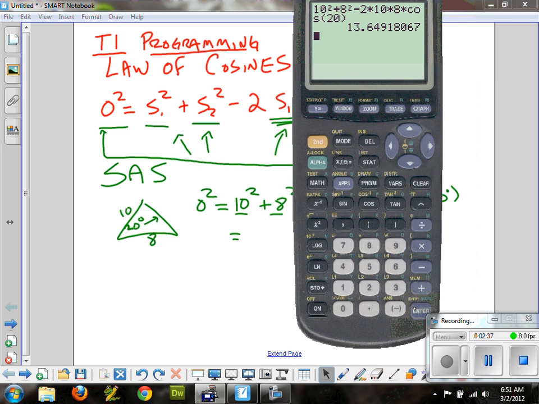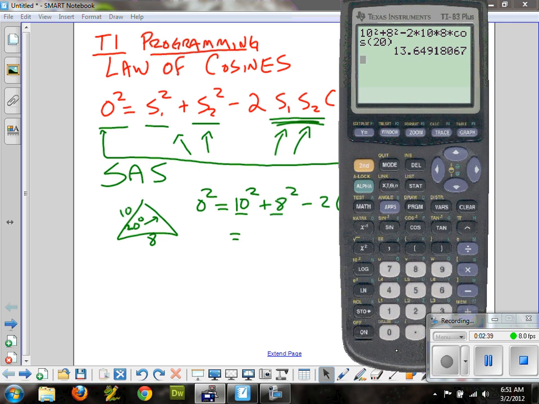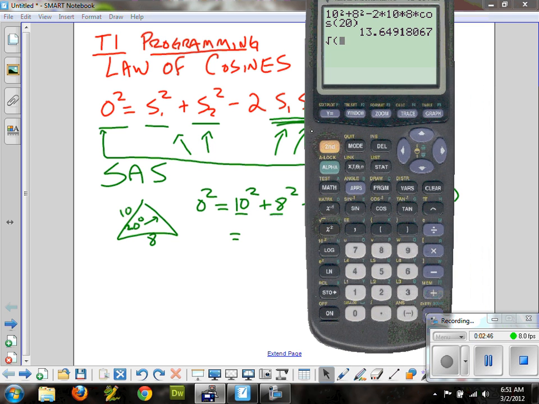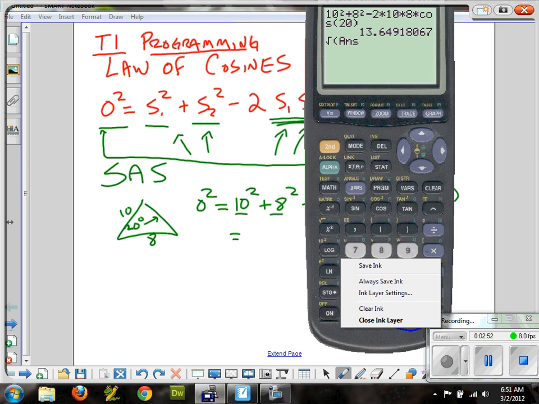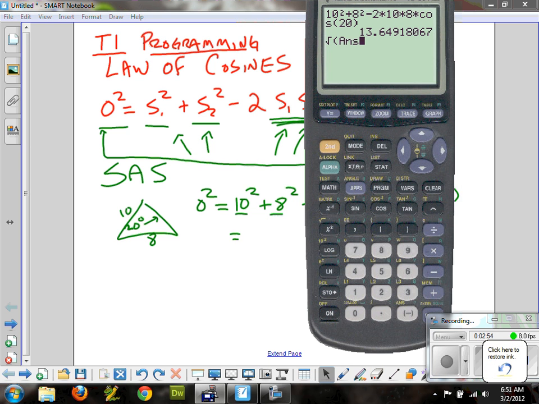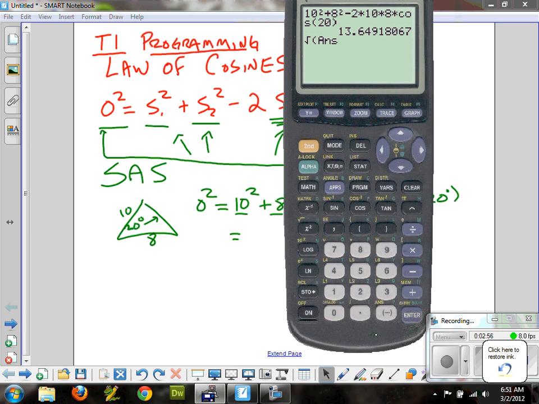This would give us the answer for the opposite side squared. Then I would teach them to use the second square root, then the second negative sign, which, as you can see down here, is ANS. We're putting in the previous answer. The opposite side in this situation is going to be 3.69.